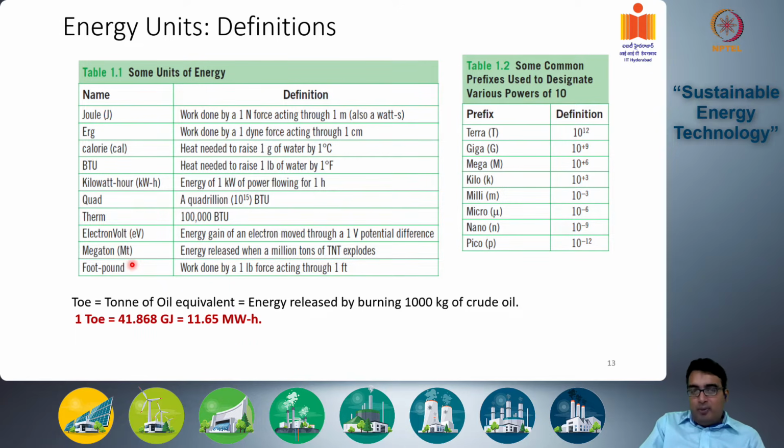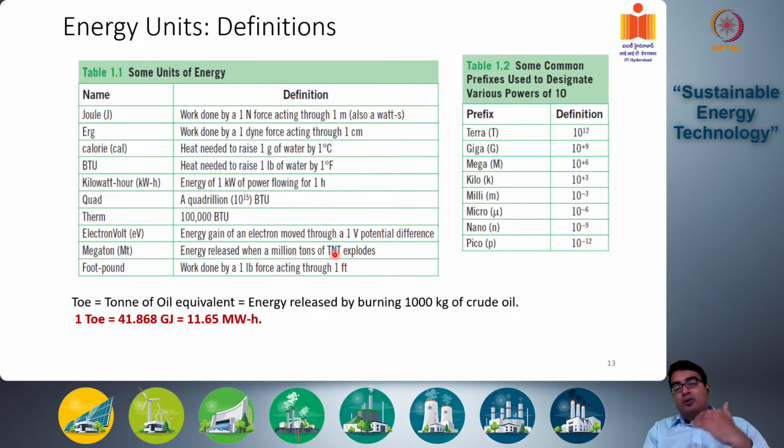Then another common unit of energy in the explosives industry is the megaton, MT. So it is the energy released when 1,000,000 tons of TNT explodes. Remember, 1 ton is 1000 kgs, and 1,000,000 tons is 10 to the power 6 tons. So 10 to the power 6 into 1000 kg, so 10 to the power 9 kgs.